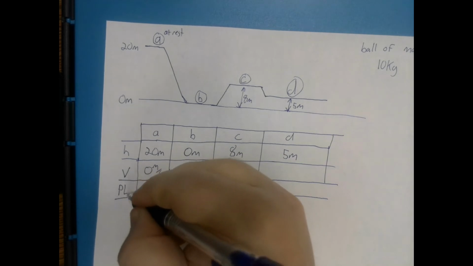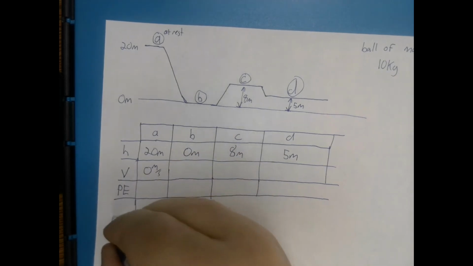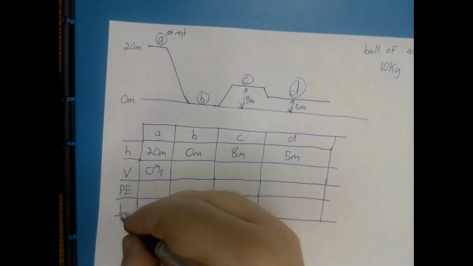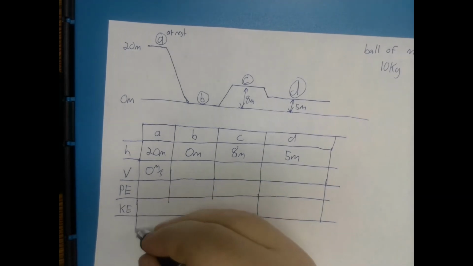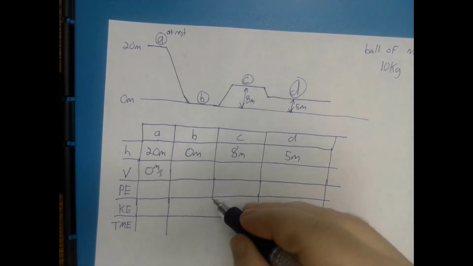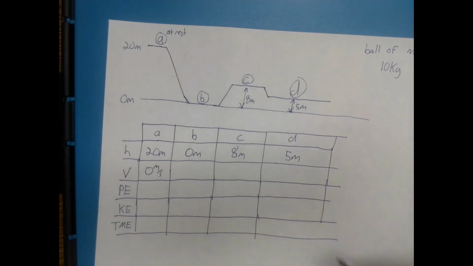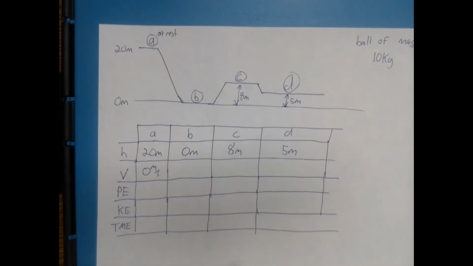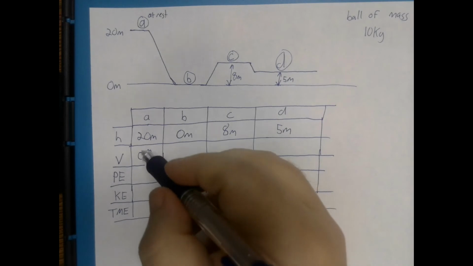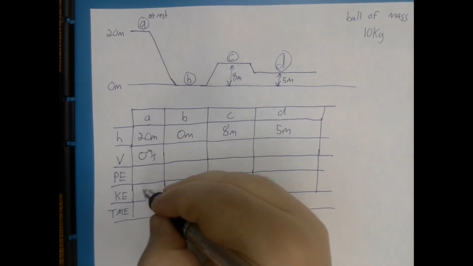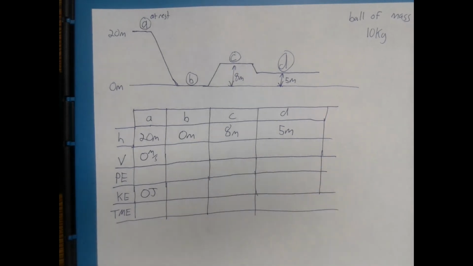Let's do potential energy, kinetic energy, and total mechanical energy. So, what is the kinetic? Well, if the velocity is 0, the kinetic energy is 0 joules.